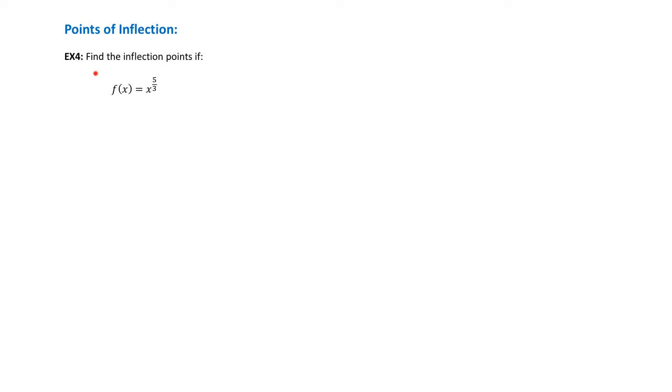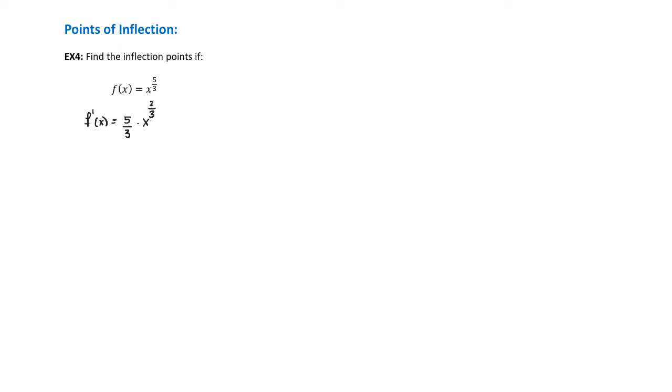Example 4 is giving us a function, f of x equals x to the 5/3, and is asking us to find inflection points. This is a new function. We haven't worked with it yet, so we're going to go ahead and do the same thing as before. We're going to find the first derivative and the second derivative. f prime of x is going to be equal to 5 over 3 times x to the 2/3.